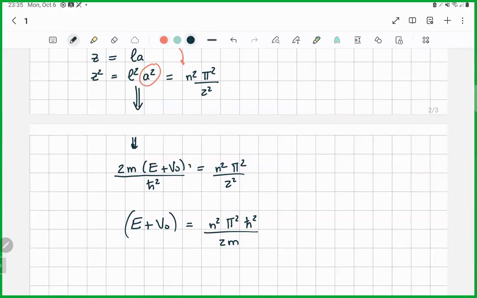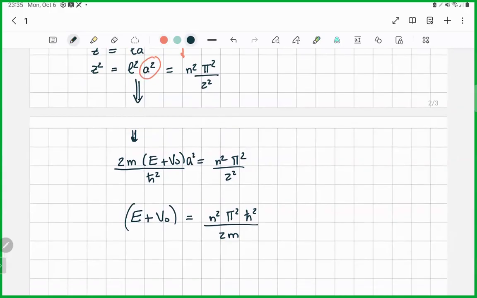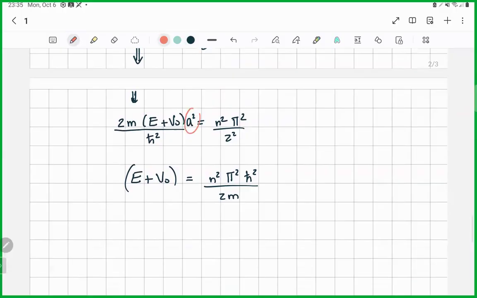So here I have to put this A squared, which goes down to the denominator, and we have 2m a squared, and we also had these 2 squared. Let me mark the two things that I'm putting together: this 2 squared and A squared. So we have 2a squared. Okay, this is our solution for the energy.